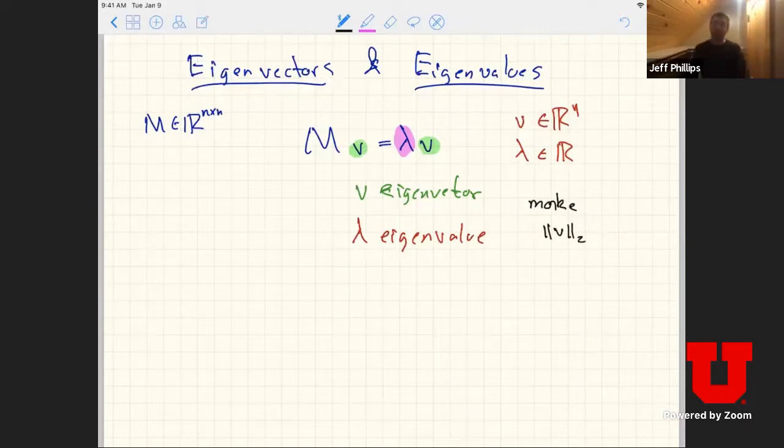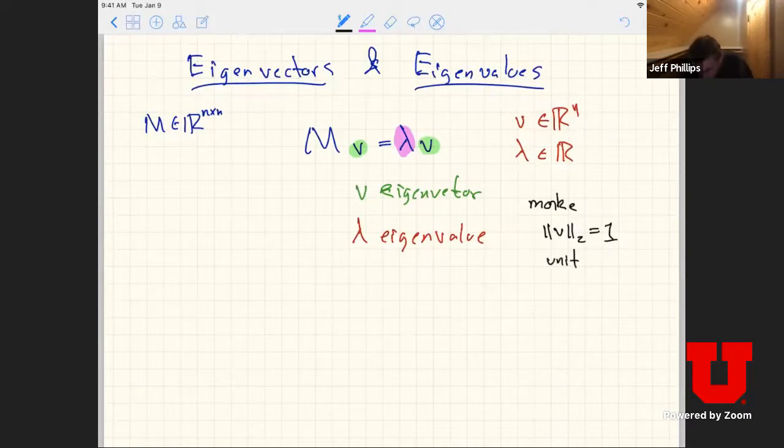If I multiplied v by 2, this equation would still work, because I'm multiplying by 2 on both sides. I can pass that scalar through. So that's interesting. We typically make the eigenvector have norm 1, so it's a unit vector.